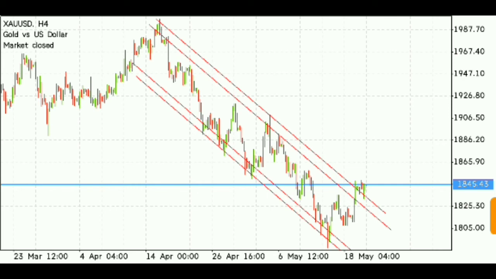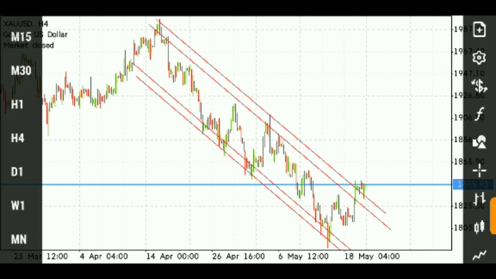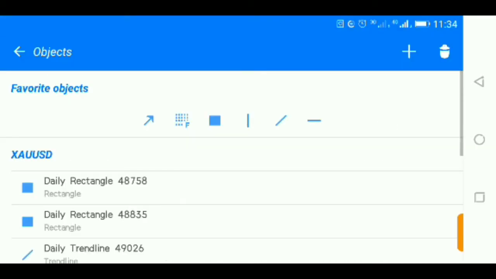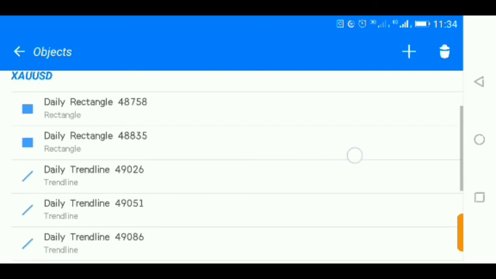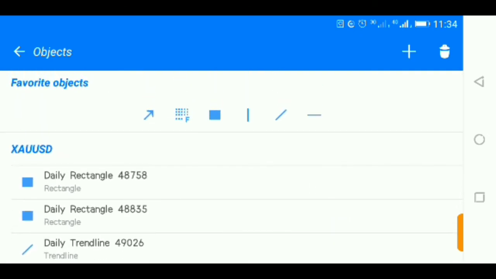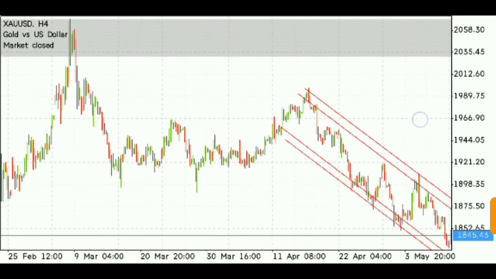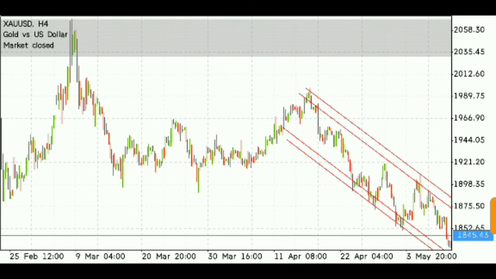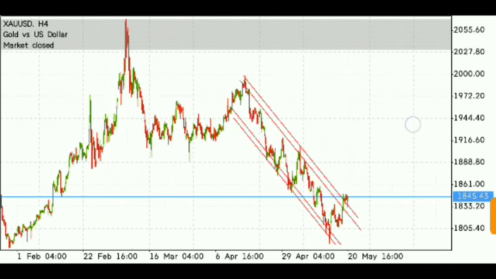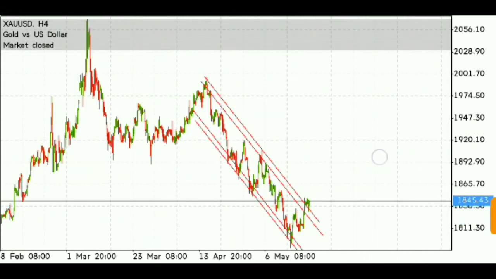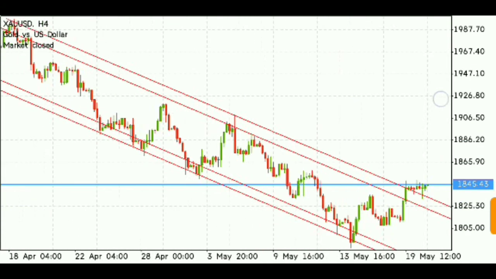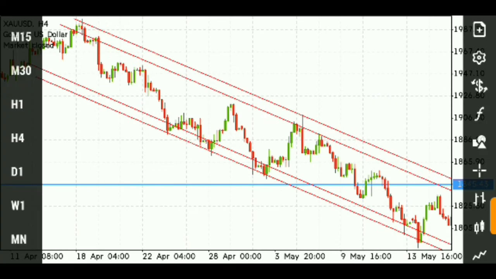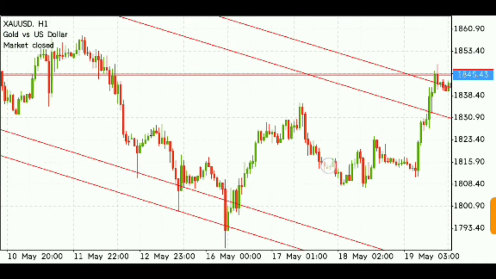On the next video, I'm going to show you how to use these tools right here to draw your resistance, your support, your trend lines, and all of that. I just want you to be aware that there is something called resistance and support in the Forex market, and I've been able to show you how to draw them.